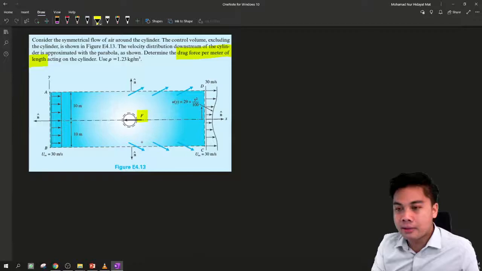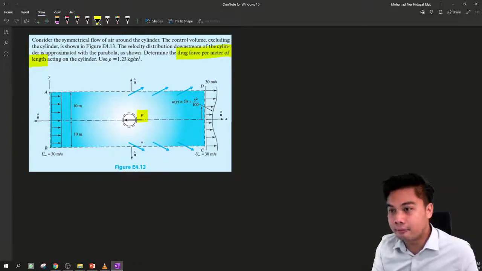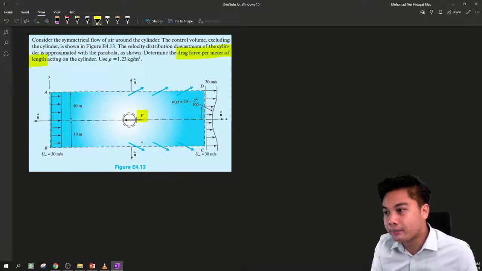First, the flow is coming from the left to the right, from A, B, and goes to the CD surface. So we must realize that this is open, and we have the cylinder at the middle of this area. Thus, the flow is not going in one direction, only at the CD area.